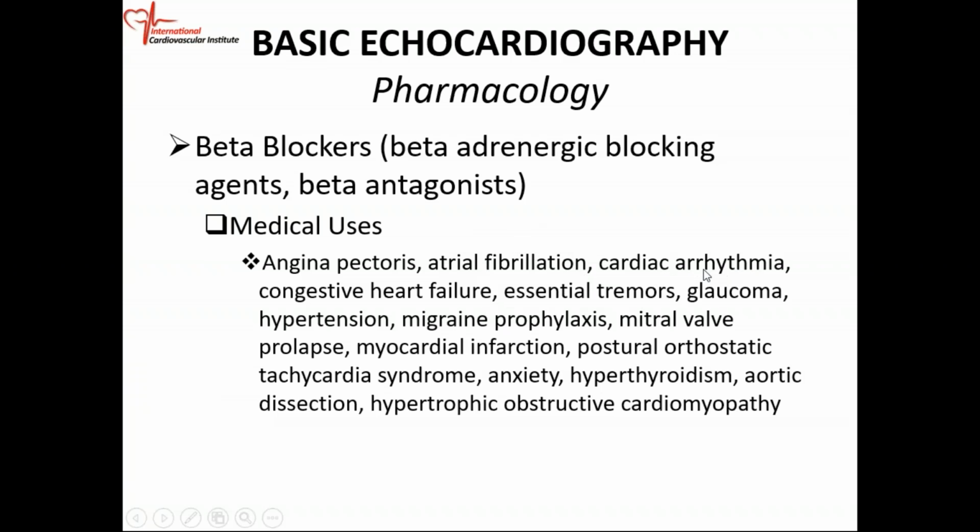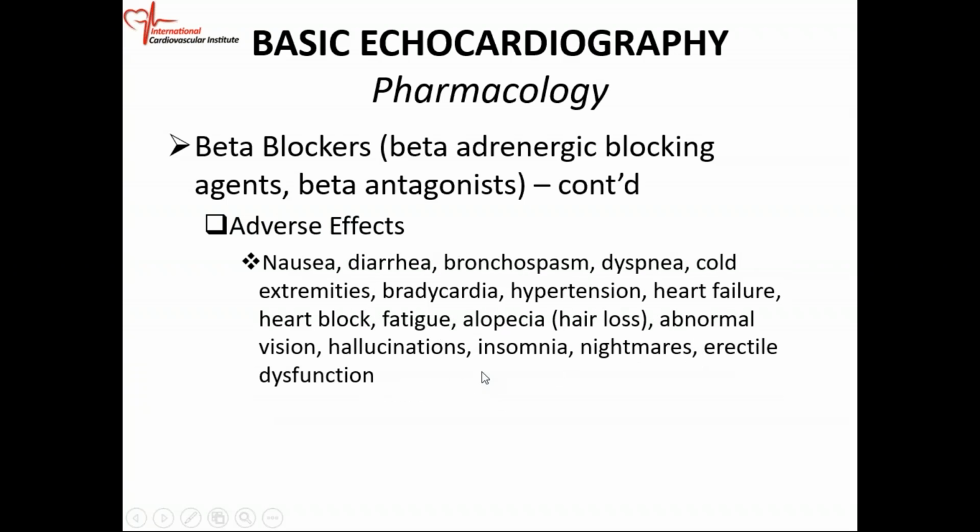Other cardiac arrhythmias, congestive heart failure, essential tremors, glaucoma, hypertension, migraine prophylaxis, mitral valve prolapse, patients who have a heart attack, postural orthostatic tachycardia syndrome, anxiety, hyperthyroidism, aortic dissection, hypertrophic cardiomyopathy. So we use beta blockers quite extensively.